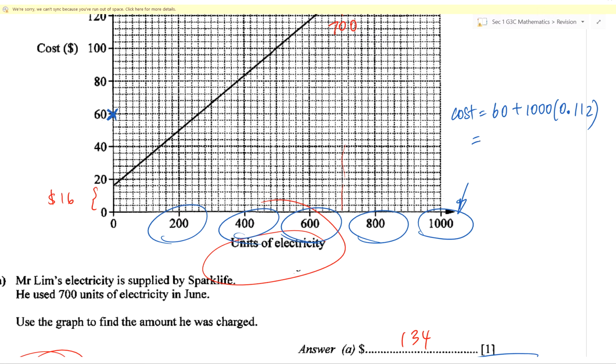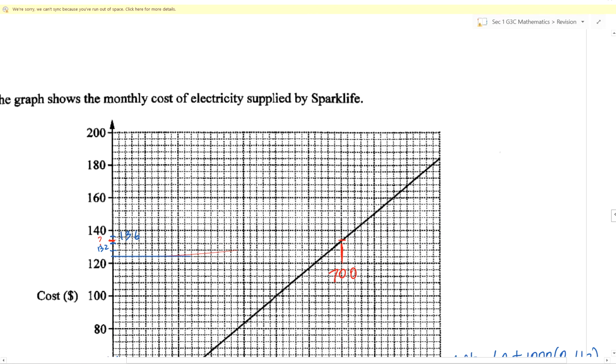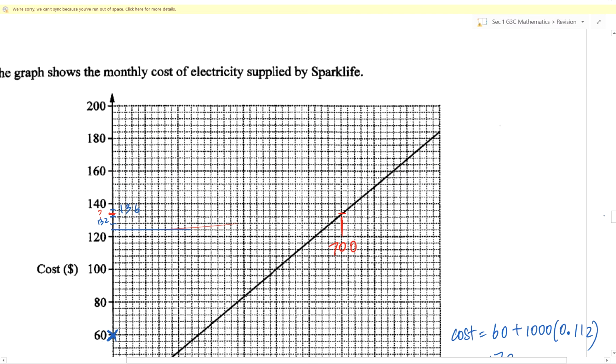It gives me 0.112 times 1000 plus 60, $172. I'm going to find for 1000 units, it costs 172. So again, we have to be really careful. 160. Now 172 is 8 less than 180, so it is going to be 172 over here. Now line across.